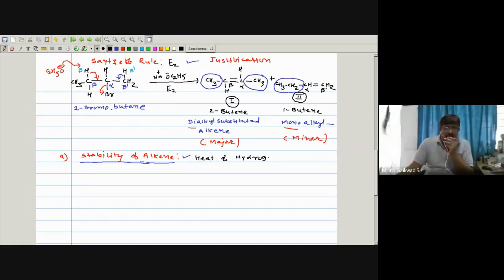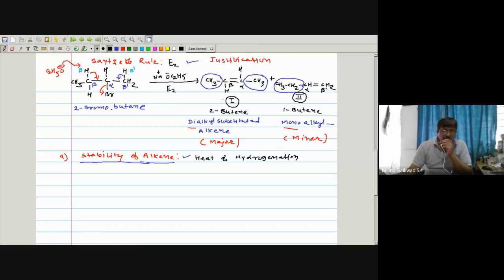Heat of hydrogenation. So what is meant by heat of hydrogenation? Heat of hydrogenation means when the alkene undergoes hydrogenation. Hydrogenation means there is addition of hydrogen, so it will convert into the corresponding alkane. So when an alkene undergoes hydrogenation, the amount of heat evolved is called the heat of hydrogenation.